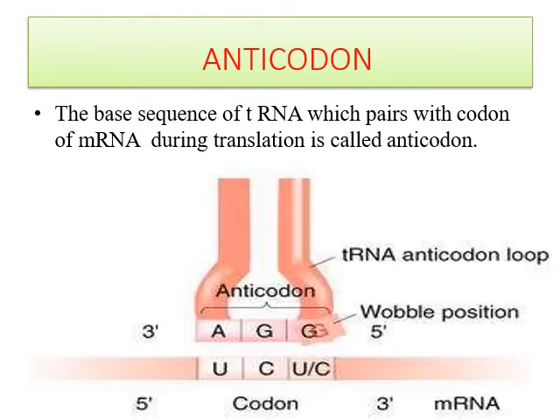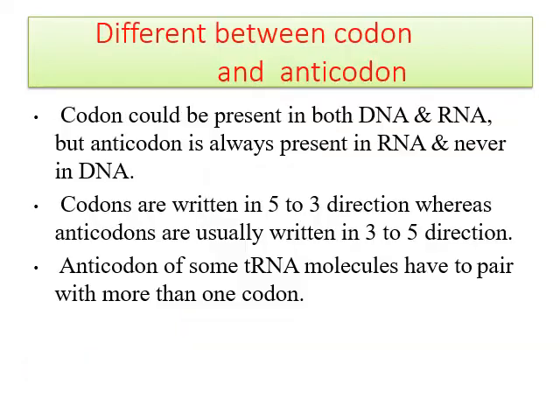And what is anticodon? The base sequence of transfer RNA which pairs with codon on messenger RNA during translation is called anticodon. There are some basic differences between codon and anticodon. First, codon could be present in DNA as well as RNA, but anticodon is always present in RNA, never in DNA.